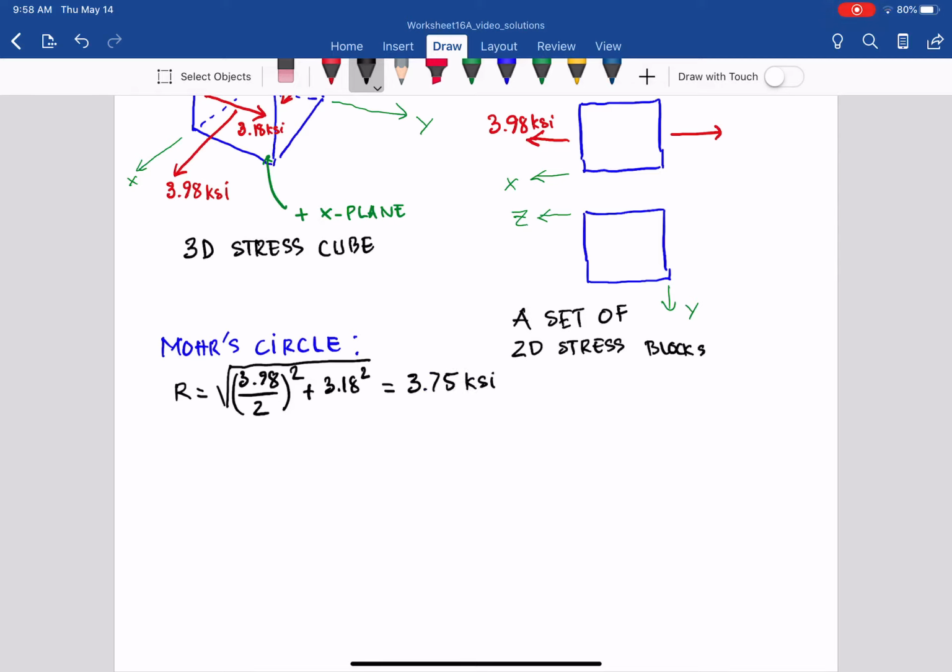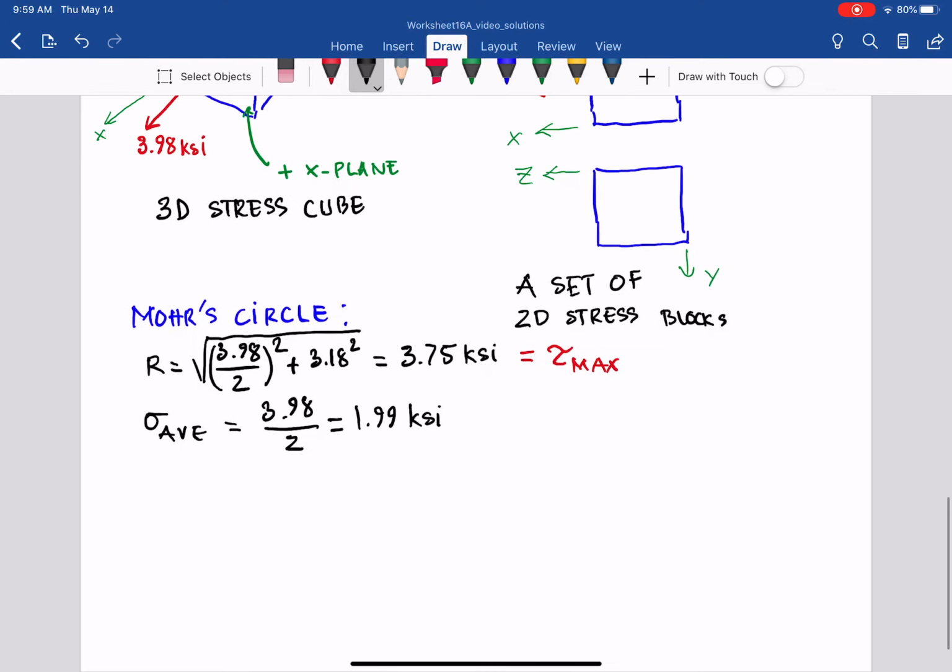And we have tau max, of course, that is also equal to that. And we have sigma 1, sigma 2, and sigma average, right? So sigma average equals 3.98 over 2, and that equals 1.99 KSI. So from that we can draw the Mohr circle very quickly here.